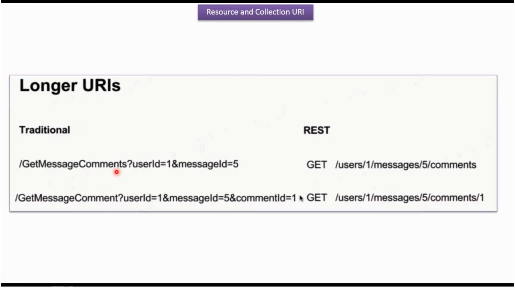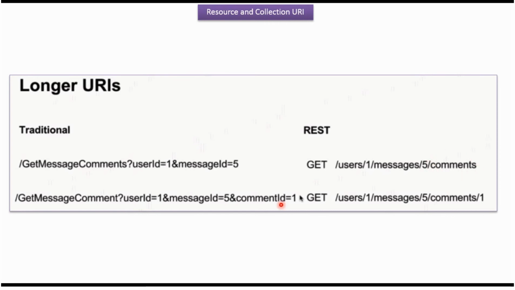In the traditional approach, to get all the comments for a particular message and particular user ID, the URI will be like this: get message comments, and in the query parameter mention the user ID and the message ID. In case of REST, it is users collection, then the specific user ID, messages collection, and specific message ID, then comments collection.